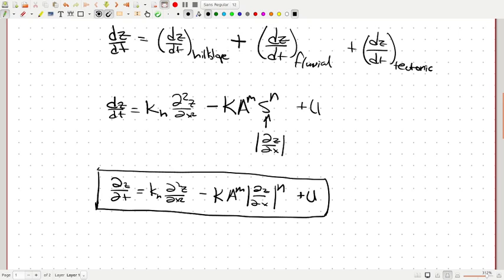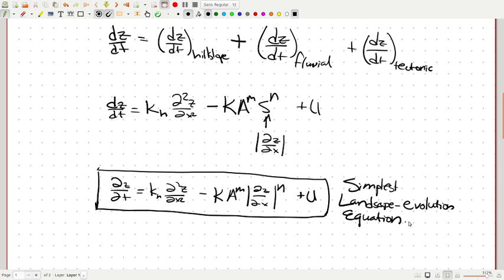So this is the simplest landscape evolution equation. And so there you have it.